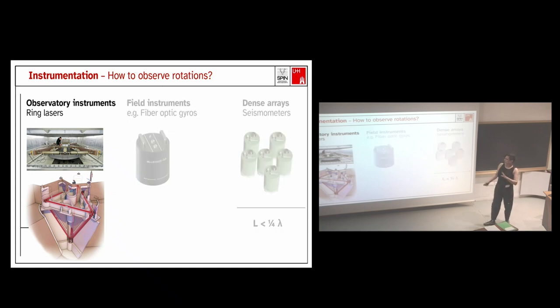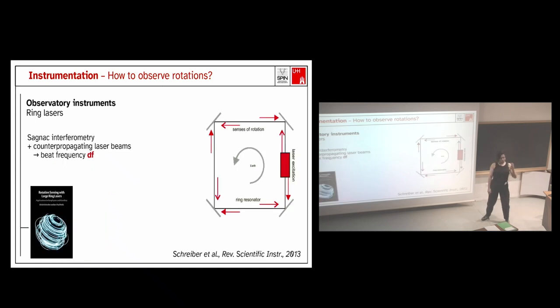Okay, so first, these observatory instruments are called ring lasers, and essentially they are optical interferometers that use what we call Sagnac interferometry. There's a book written about it, so I'll just give you the basics here.